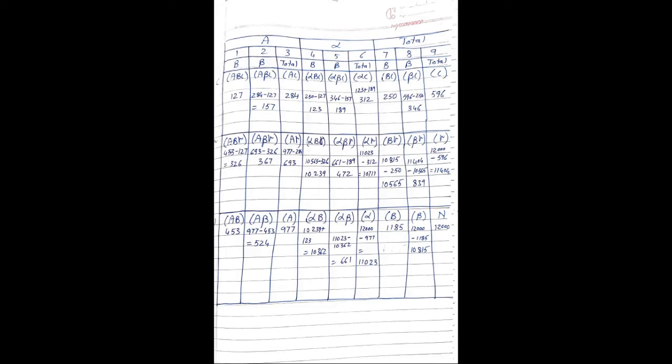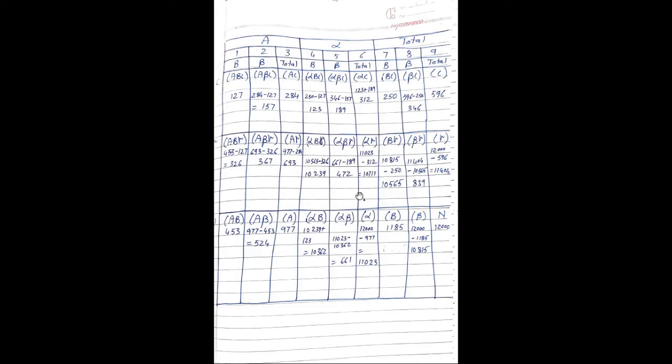So find out the remaining values by subtracting the values with the help of the relationship given in the problems in the textbook: column number 1 plus column number 2 is equal to 3. Column number 4 plus column number 5 gives you column number 6. 7 plus 8 gives you 9. 1 plus 4 is equal to 7. 2 plus 5 is equal to 8. 3 plus 6 is equal to 9.